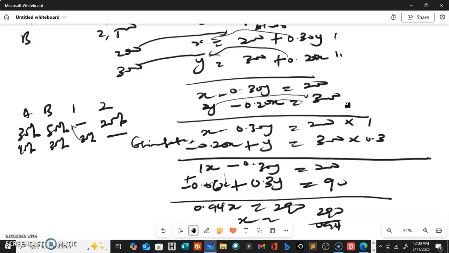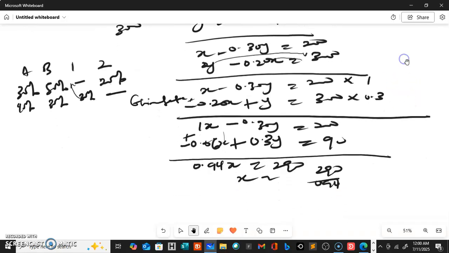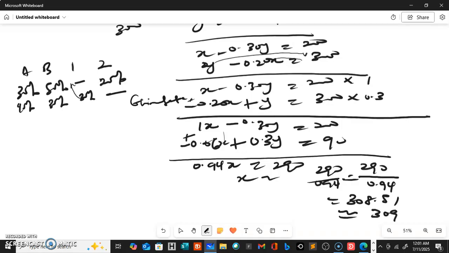Let me move that up a bit so we can see clearly. So we are left with 308.51. We can say approximately this will be 309, okay?